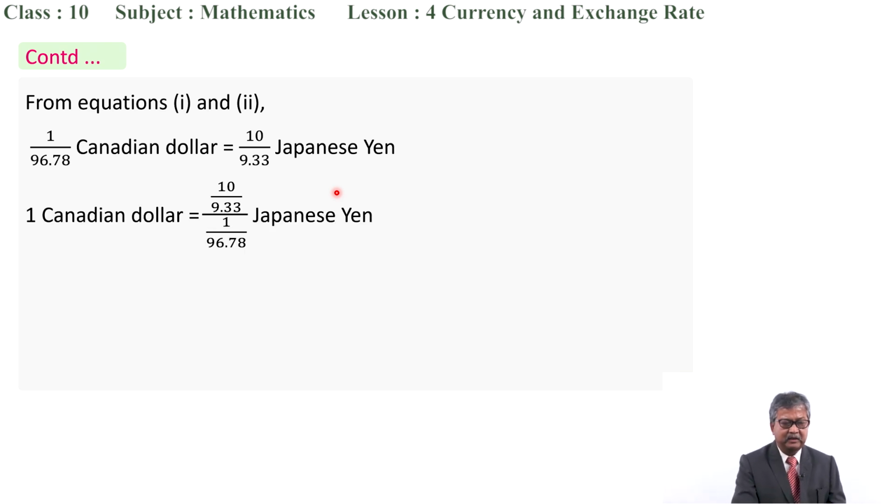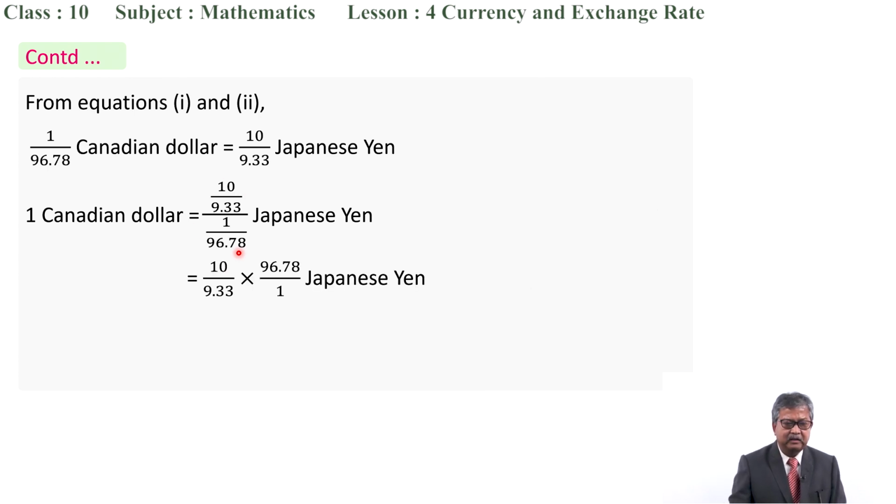So we can say that 1 Canadian dollar is equal to 10 by 9.33 whole upon 1 by 96.78 Japanese yen, by using which method? Unitary method. So by using the unitary method we got this. Now we have to write this result in the reciprocal form.